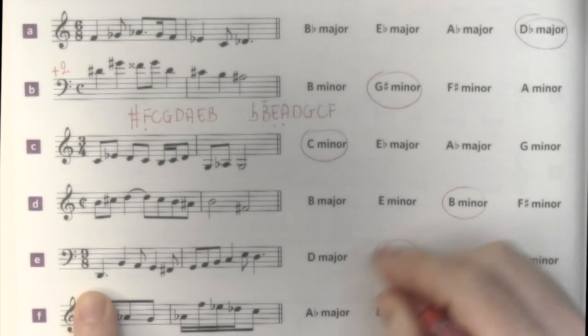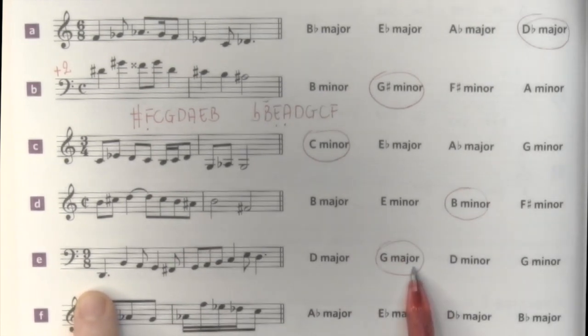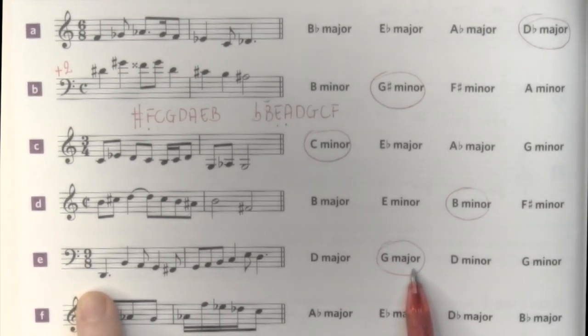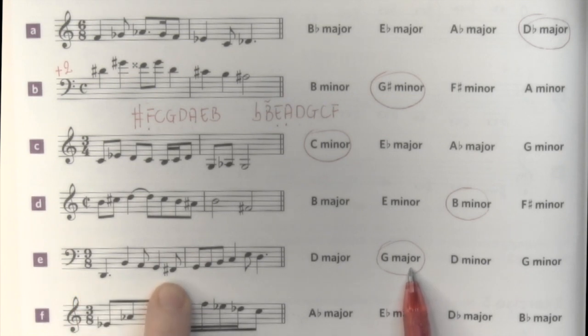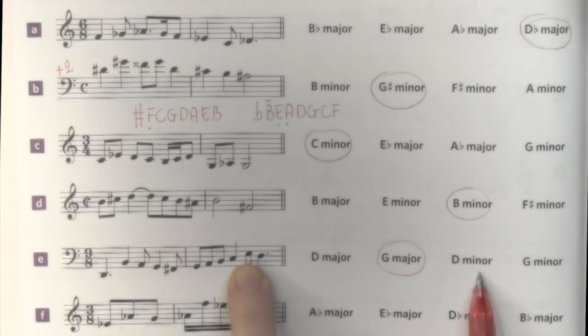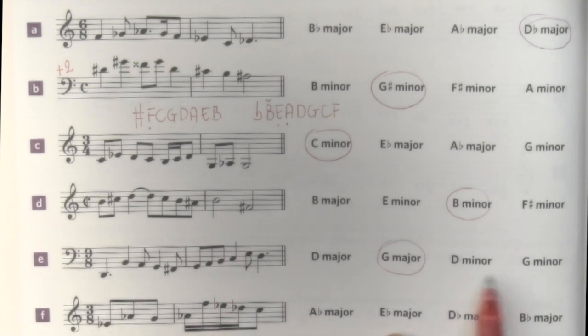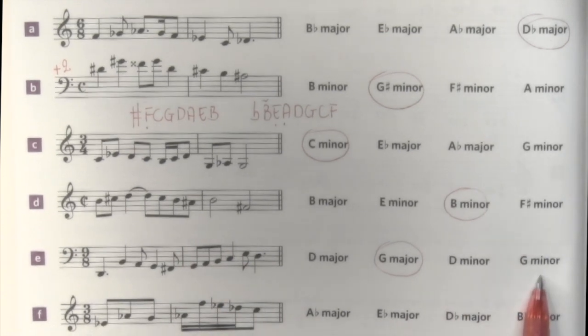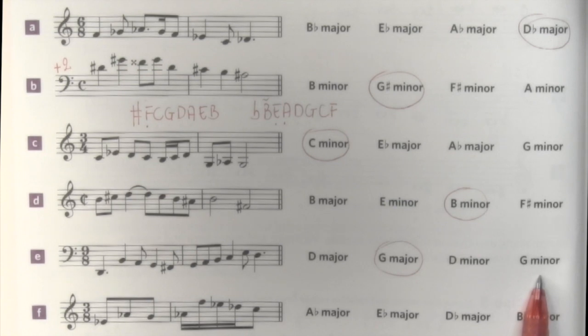That's it, as simple as that. We have no raised notes, we have no leading notes. Well, the leading note is this. So G major. D major would have had Do sharp, so this sharp, and it's not possible. D minor would have had flats, and G minor also flats, plus the leading notes.